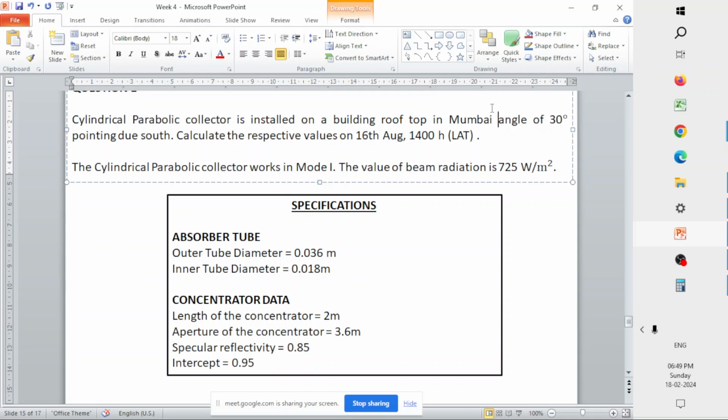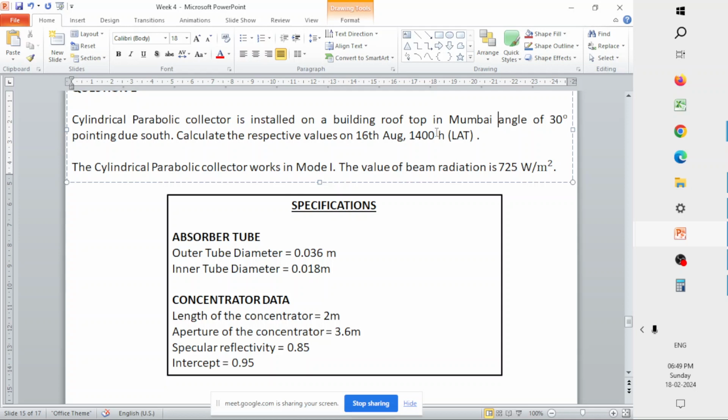For example, in the morning the sun will be in the east, but at 12 noon it will be on top of our head, and towards the evening it will set in the west direction. So we need to have a kind of tracking system, a rotating collector system, so that at every part of the day we can harness the maximum amount of radiation.